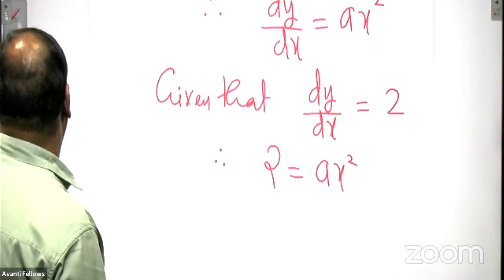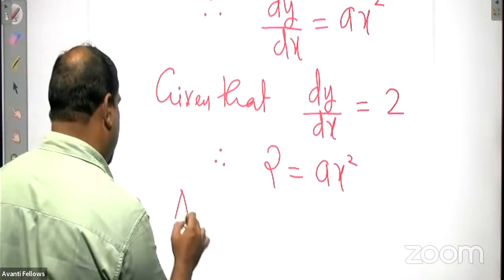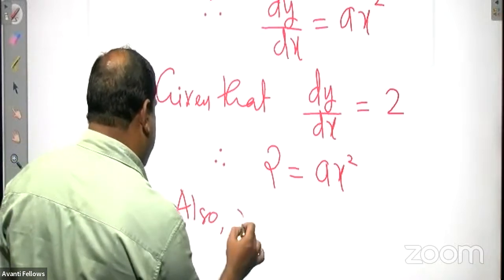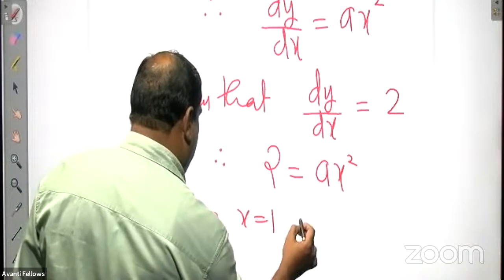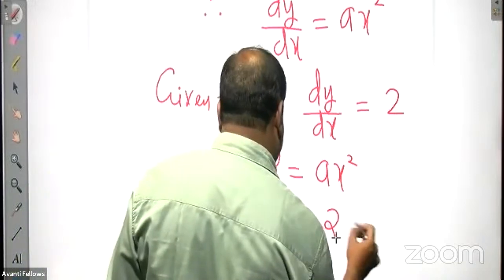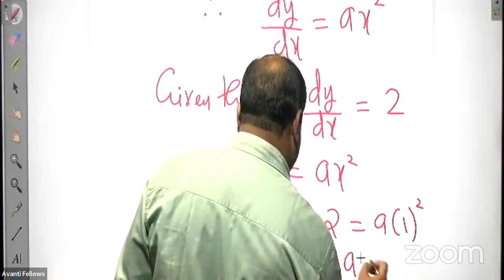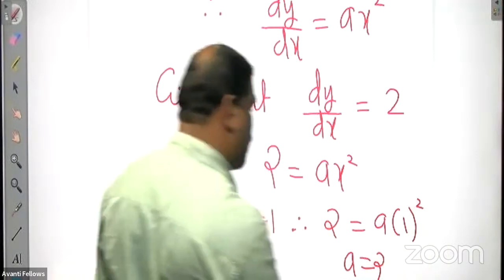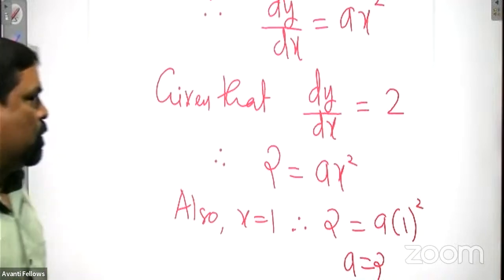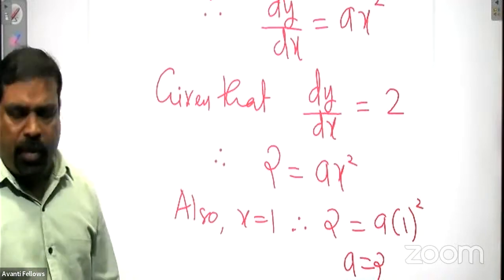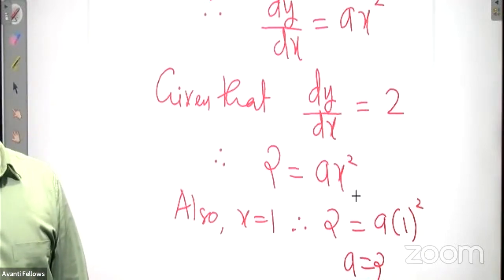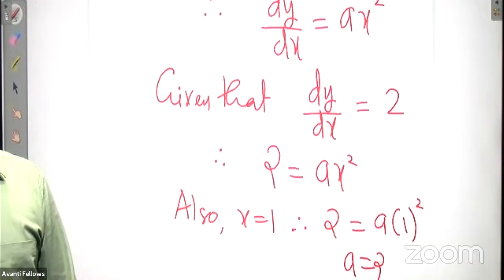So substitute x equal to 1 also. Therefore, we get 2 equals a into 1 square. That means a is equal to 2 only. Actually, it's a very simple question asked for 2 marks in the last year board examination.